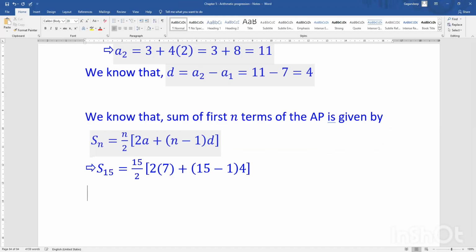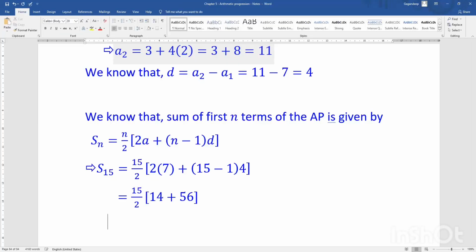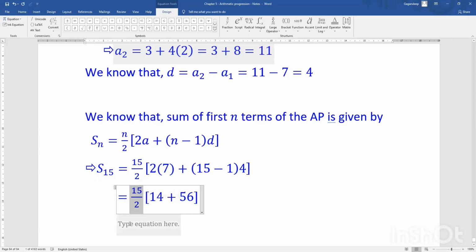It's equal to 15 by 2, bracket open, 7 twos is 14 plus, now 15 minus 1 is 14, 14 into 4 is 56, bracket close. Or it's equal to 15 by 2 into 14 plus 56, which is nothing but 70.